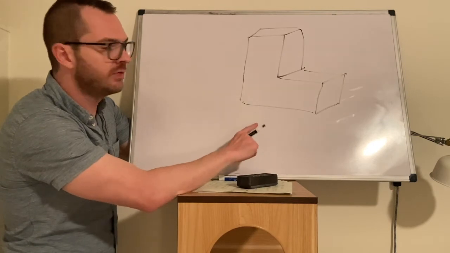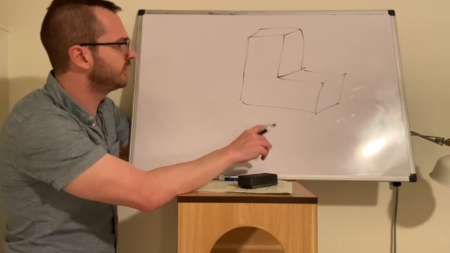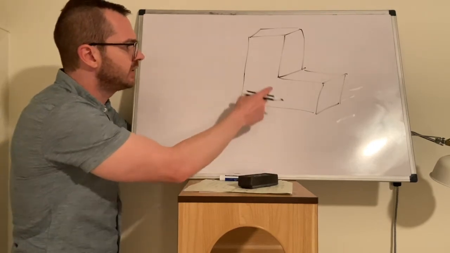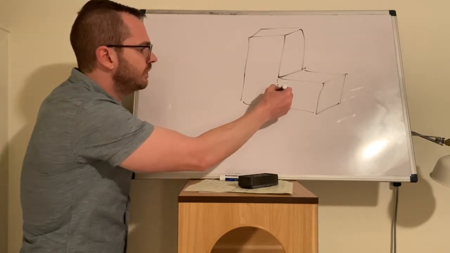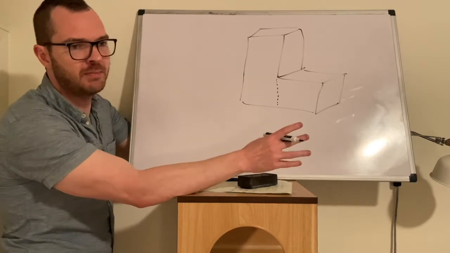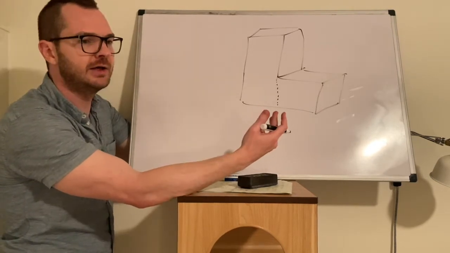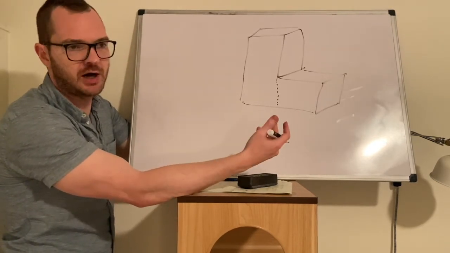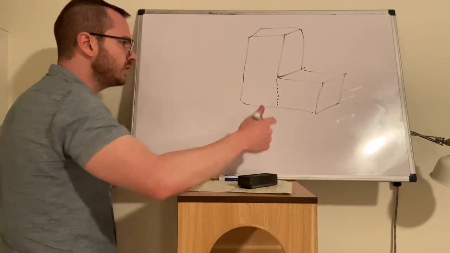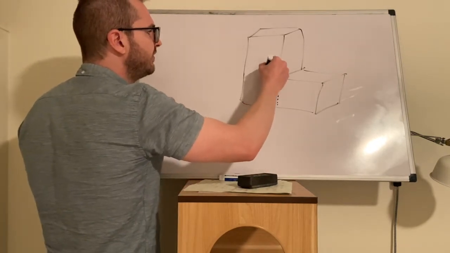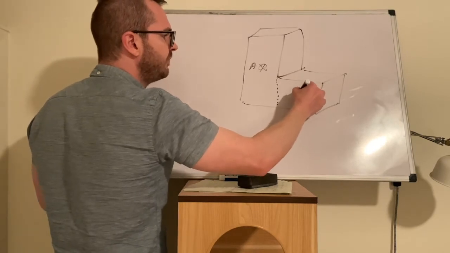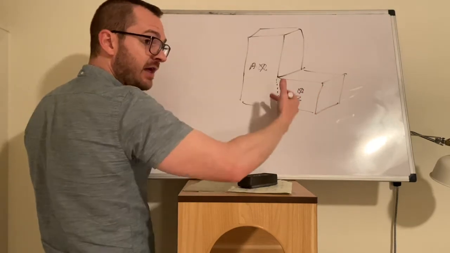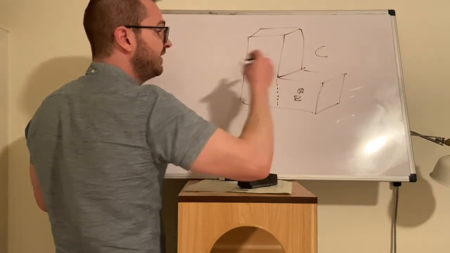What we can do, though, with these types of objects is recognize that this L shape is actually made out of a combination of two sub-bodies which do fit nicely into basic geometries. So let's say the one on the left is body A and the one on the right is body B, and together they make body C.